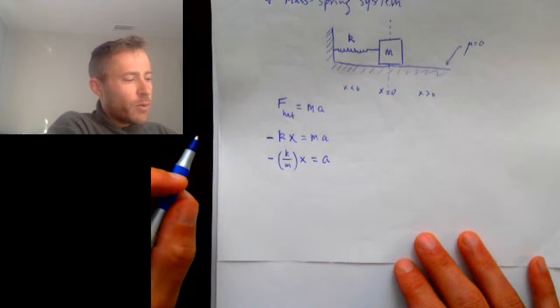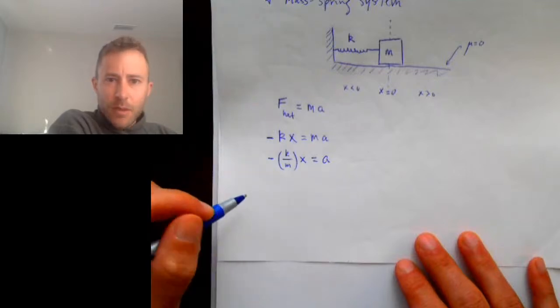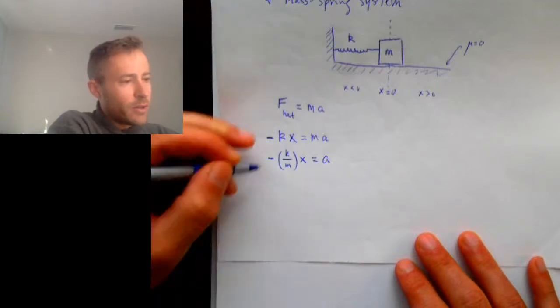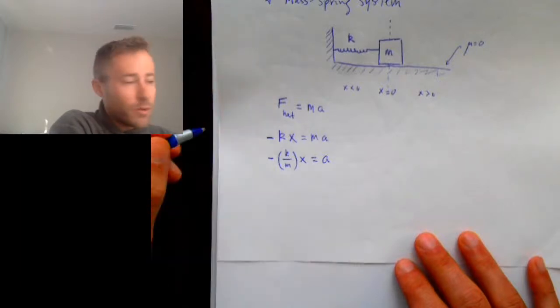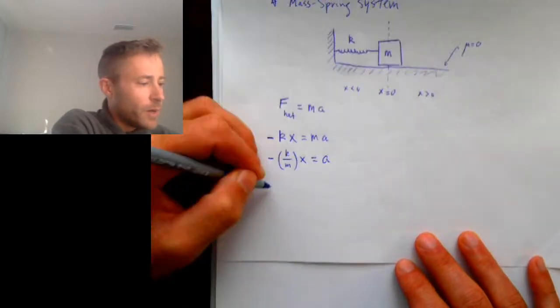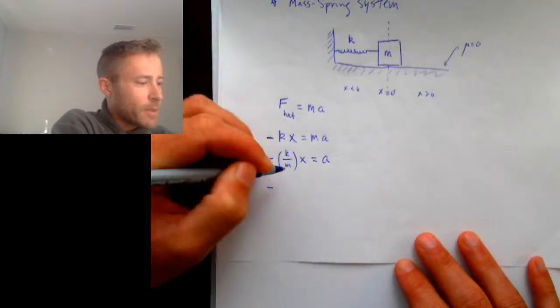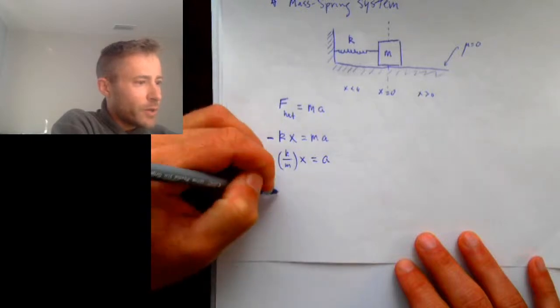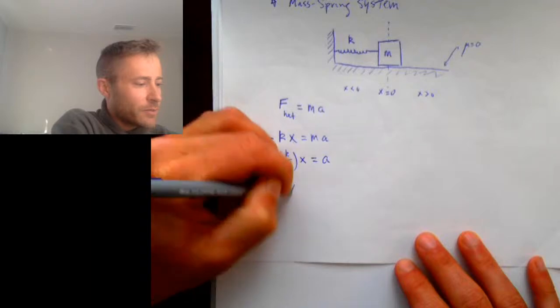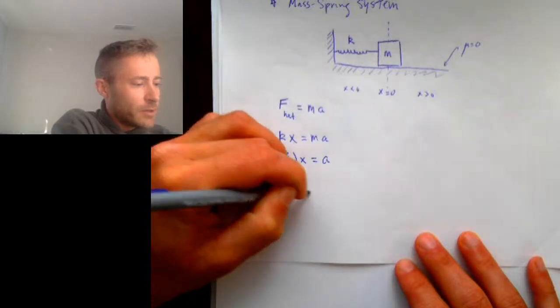So at this point, what we want to do is we want to compare it to the defining equation of simple harmonic motion, which was minus omega squared times (x minus c) equals a.